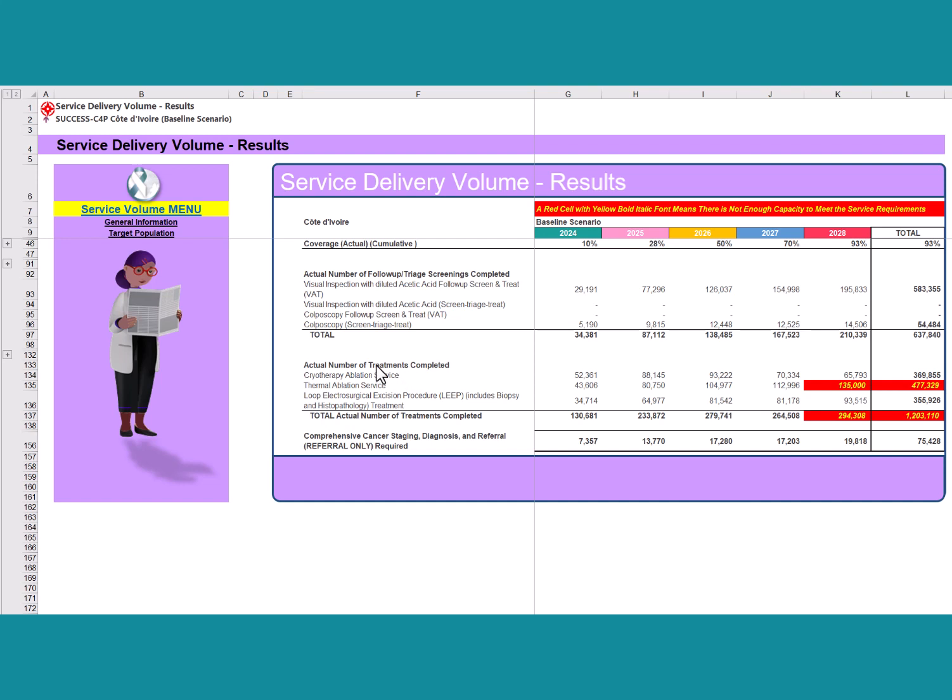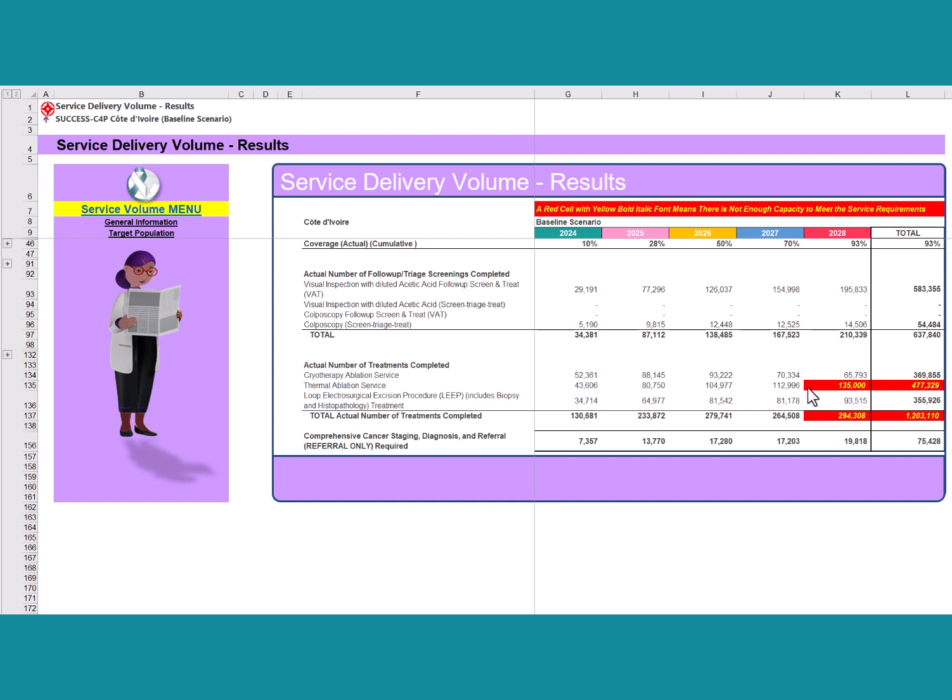You'll finally see the actual number of treatments that have been completed, cryotherapy and thermal ablation in this case, and LEAP. You'll notice, again, in this case, we did not have enough thermal ablation services available to be able to complete what we needed to complete.